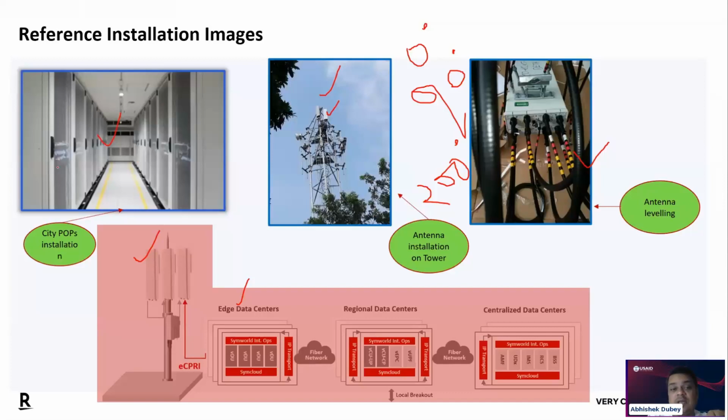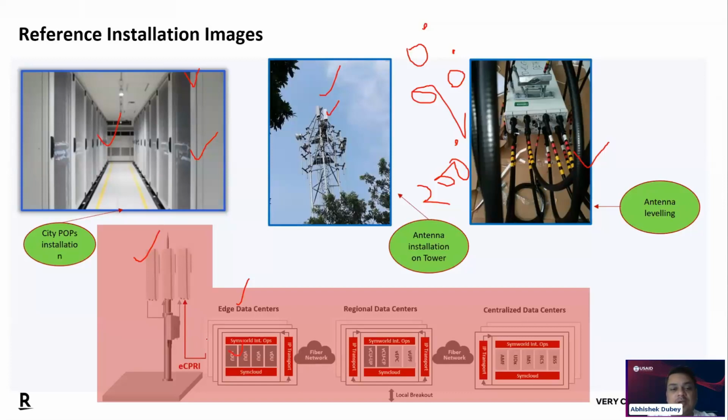So how many racks you will install in the city POPs is decided by the servers required for the DU. You have to first dimension the number of servers, then check the offered power from one rack, and then calculate the total number of racks that you can install in the city POPs or in the edge data center.